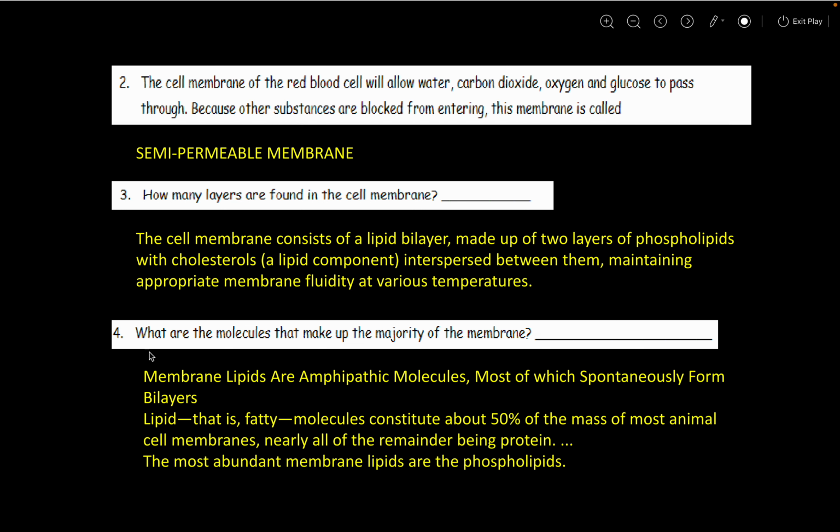Number four, what are the molecules that make up the majority of the membrane? Membrane lipids are amphipathic molecules, most of which spontaneously form bilayers in the form of phospholipid. On the other hand, lipid molecules, which are very fatty in nature, constitute about 50% of the total mass of most animal cell membranes, nearly all of the remainder being protein.